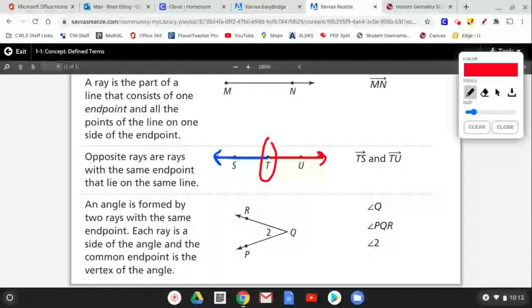Angles, and naming angles. You really need to know this because they're going to ask you questions about angle whatever, and there might be like 6 different angles in there, and you have to pick out the right one. So for this, again, we have different ways to name it. The first way is angle Q, and that's a non-specific way to name the angle.